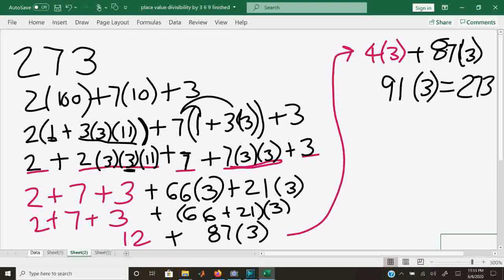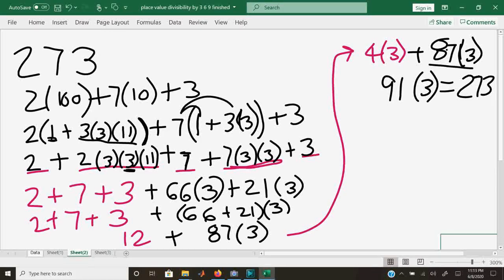You can put that in your calculator. I'm going to check it real quick. 3 times 90 is 270 because 3 times 9 is 27. 3 times 1 is 3. 270 plus 3 is 273. So I've divided it by 3 by taking out a lot of 3's to see if it was divisible by 3.